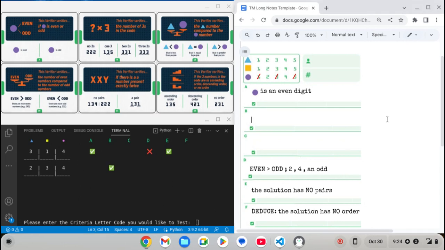So let's go ahead and type that up, and we'll say that the solution has a single 3-digit. And because there's only one odd, let's go ahead and cross out all of the 1s and 5s from both triangle and square.